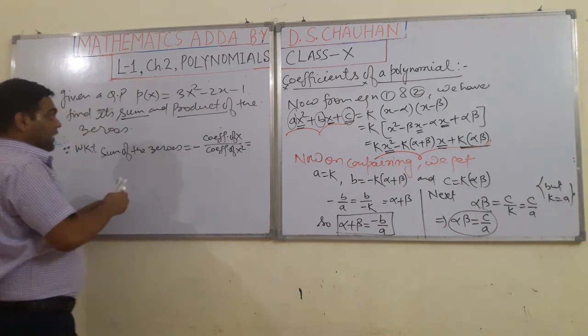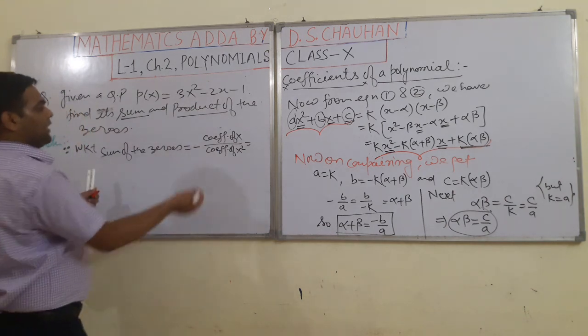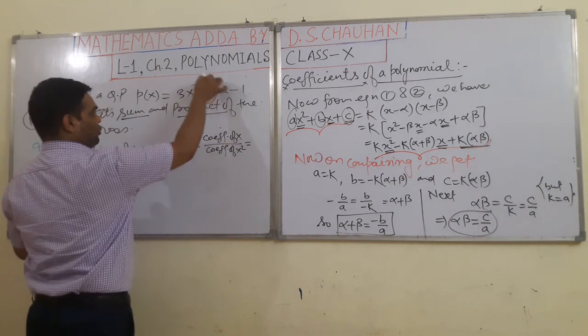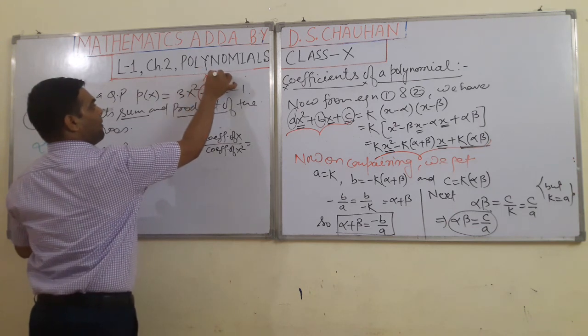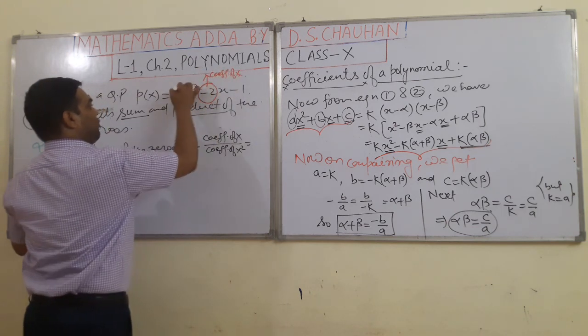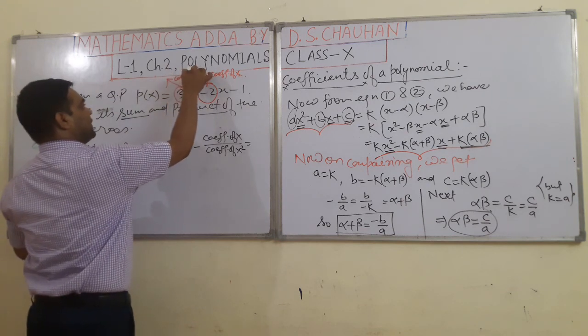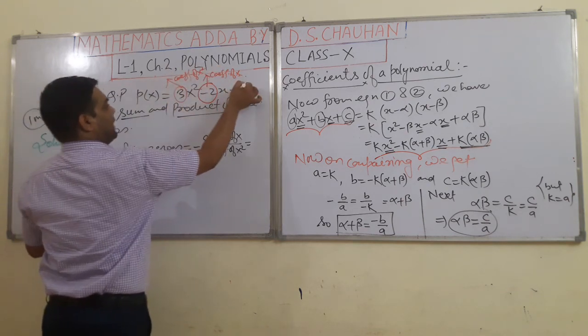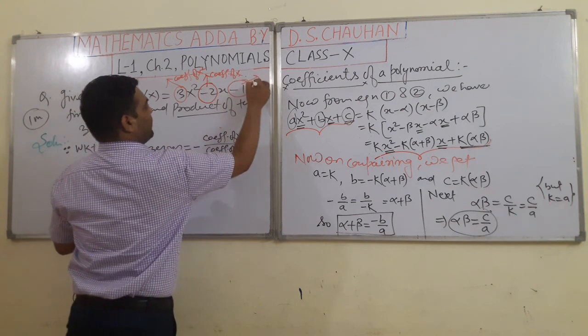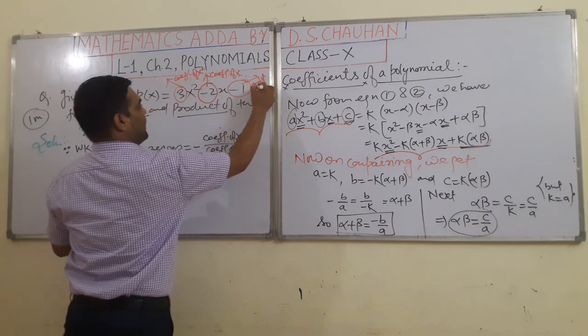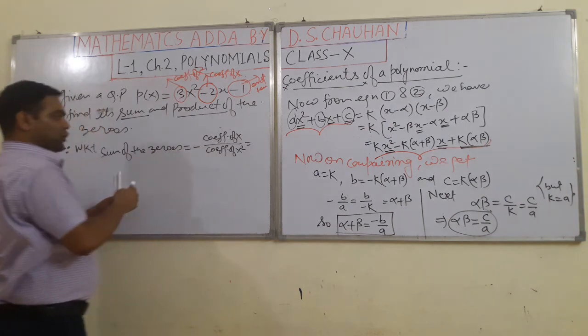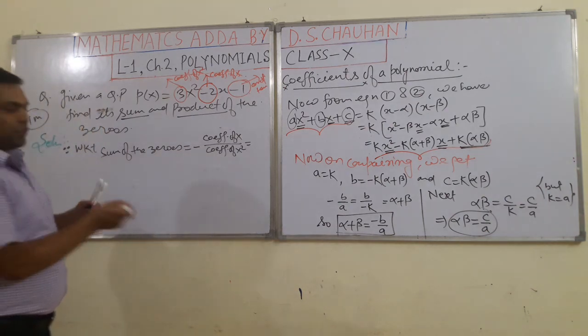Now, in the given question, what is the coefficient of x? It is minus 2. What is the coefficient of x square? This is plus 3. And what is the constant term? This is minus 1. Well, so students, now put the respective values.